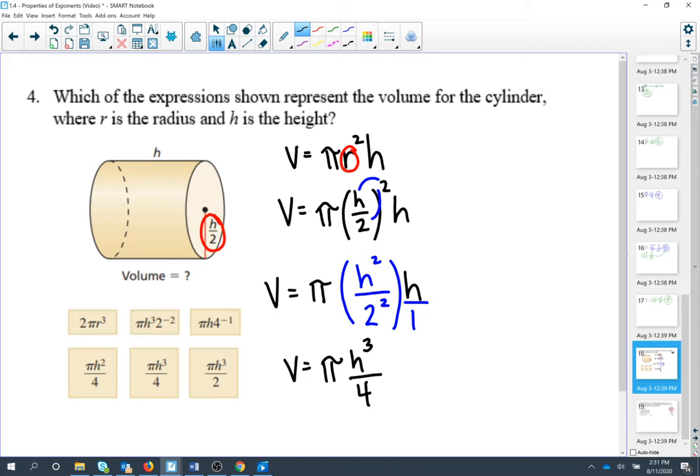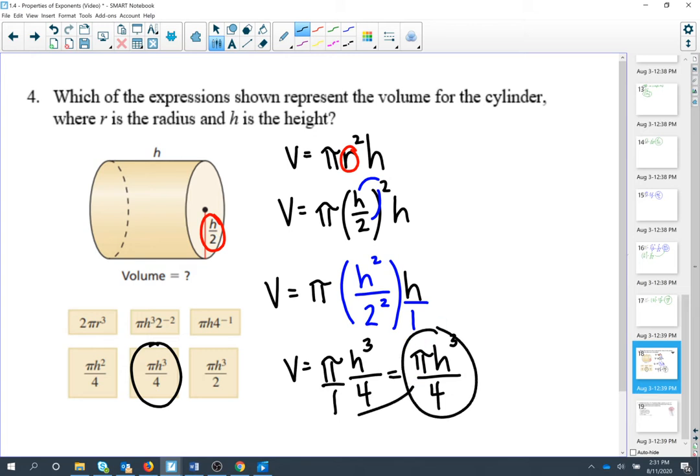Now I'm going to start looking at that again, and I see something that I think would work. And what I see is this guy right here. The only difference is they also put the pi over 1, and then they multiplied pi times h cubed, which is pi h cubed over 4, and it looks to me like this guy then turns into this guy.